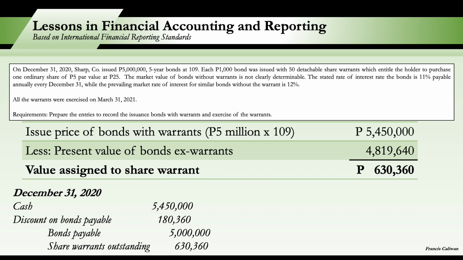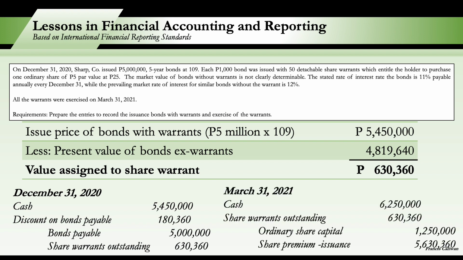Next, the warrants were exercised on March 31, 2021. So all the warrants were exercised. So our entry is debit to cash for 6,250,000. Paano yan? So that is 5 million divided by 1,000. We have 5,000 bonds. Each bond was issued with 50 detachable share warrants. So times 50, 250,000 shares.